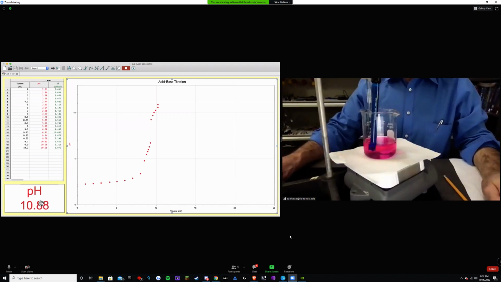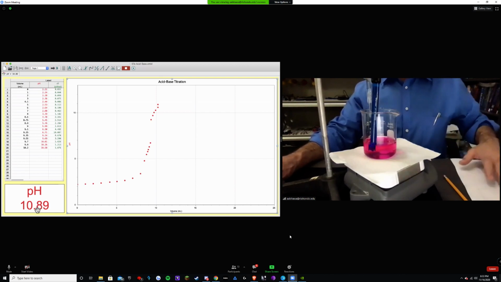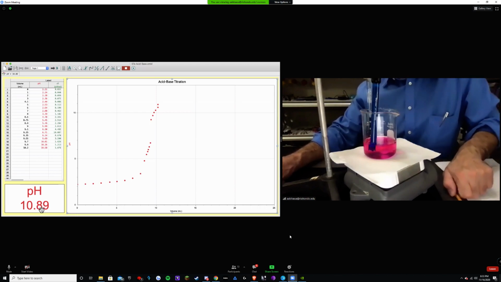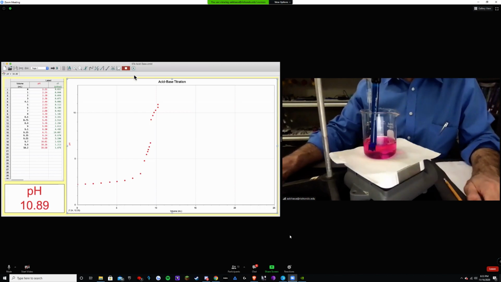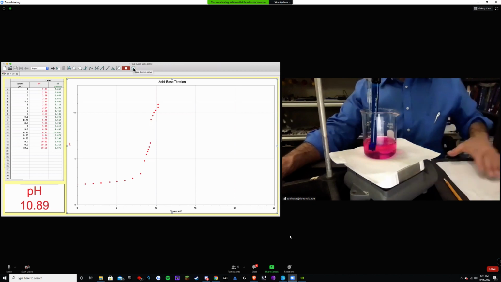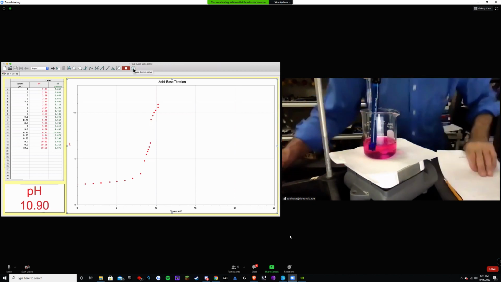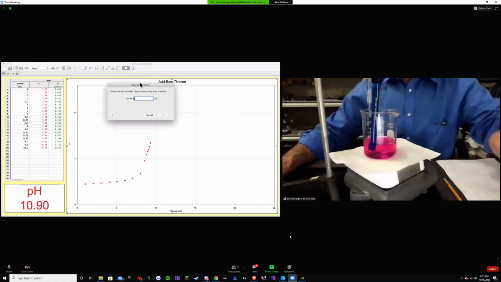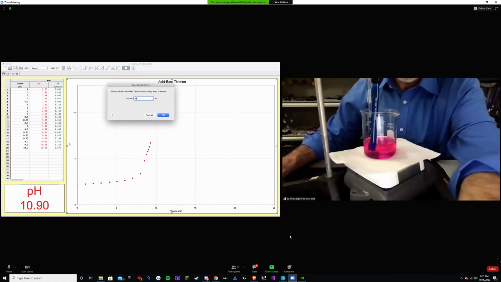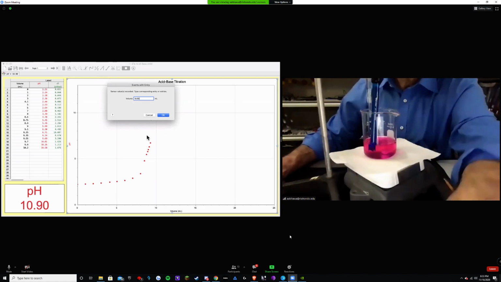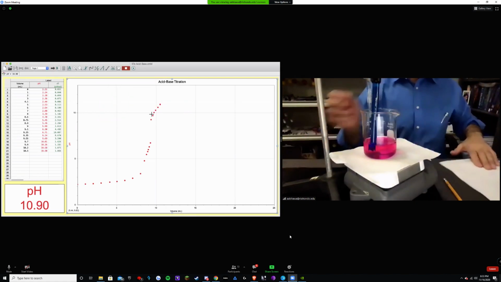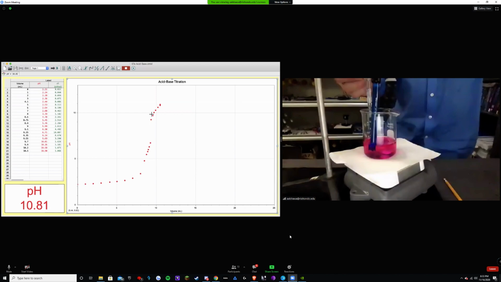Knowing that the decimal value in the tenths placeholder is not really moving drastically, it is moving, but very slowly, I can just accept that value. So once again, this value is 10.50 milliliter. Let me add another half a milliliter.